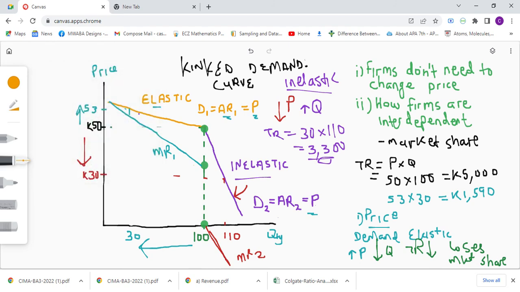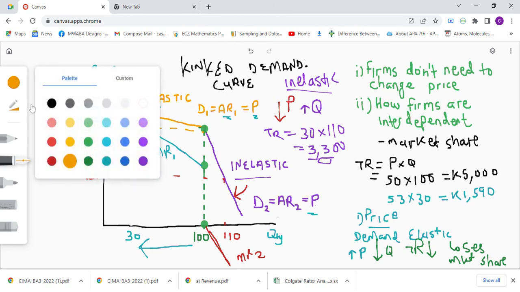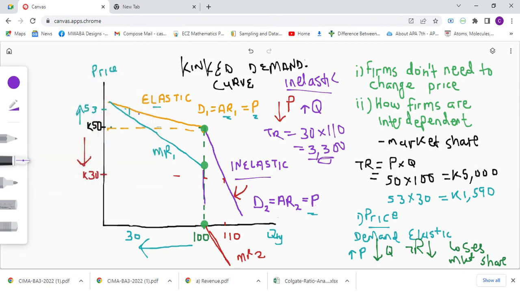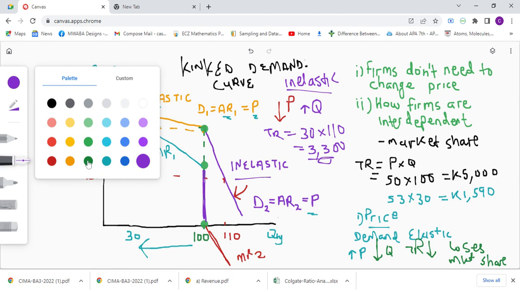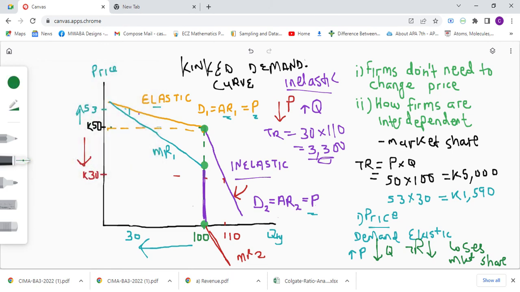Another point that I want to illustrate is why firms also don't need to change the price at 50 kwacha. If we look at this vertical gap here, let me color it purple, this vertical gap which we have here, let's say, for example, the cost of supply increases.